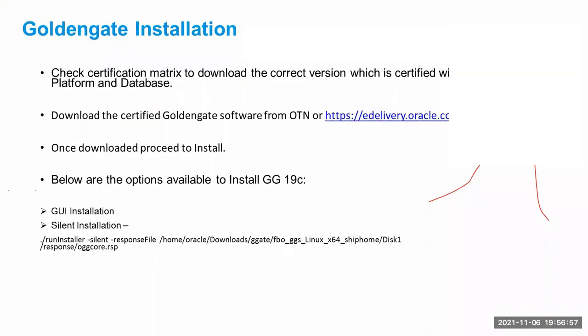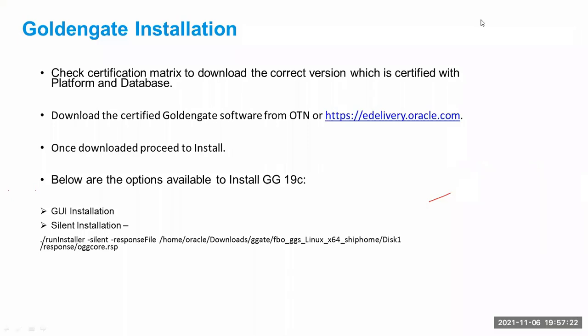Okay. Now let us discuss Oracle GoldenGate installation. How do you install Oracle GoldenGate? Before you proceed to install Oracle GoldenGate, ensure you check the certification matrix of Oracle GoldenGate.